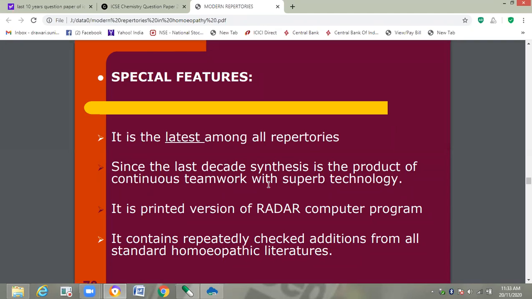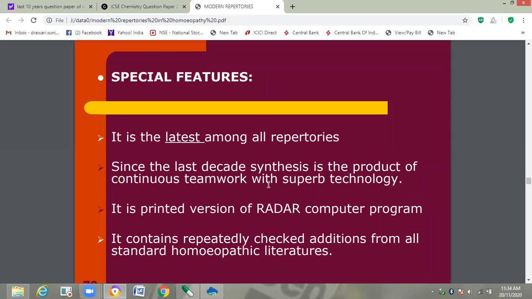Hence, Synthesis 9 contains about 42 chapters, because afterwards in this Synthesis 9 there is another additional chapter, that is the personal chapter, to add one's own symptoms in that.